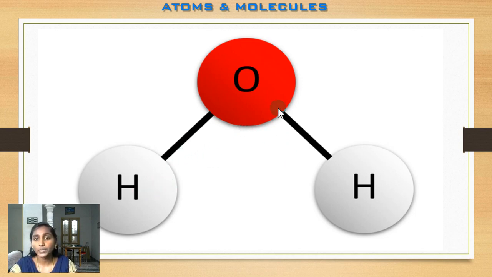In this structure, how many atoms are there? 3 atoms, right? 1, 2 and 3. So here 2 or more atoms are combined together through this chemical bond, that is called a molecule.